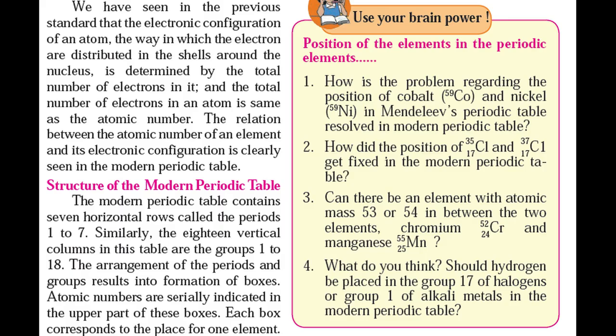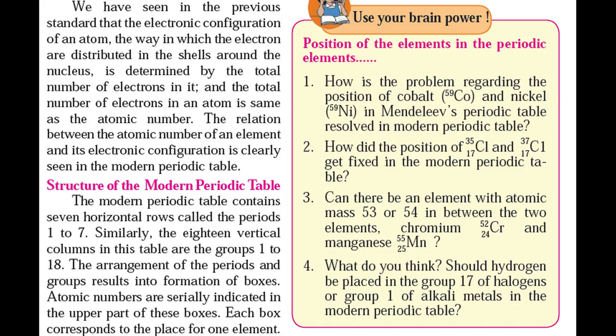The arrangement of the periods and groups results in the formation of boxes. Atomic numbers are serially indicated in the upper part of these boxes. Each box corresponds to the place for one element.